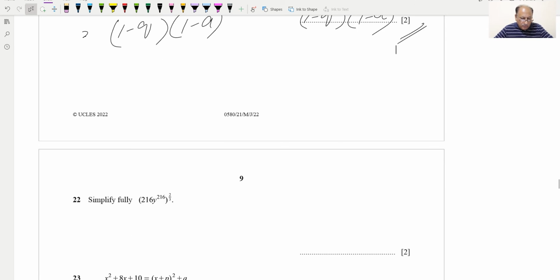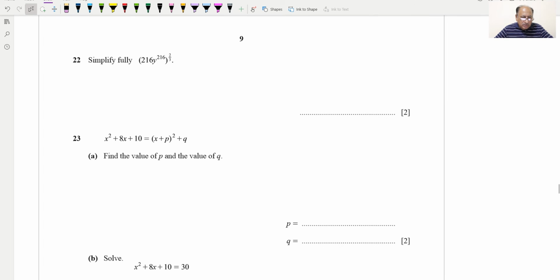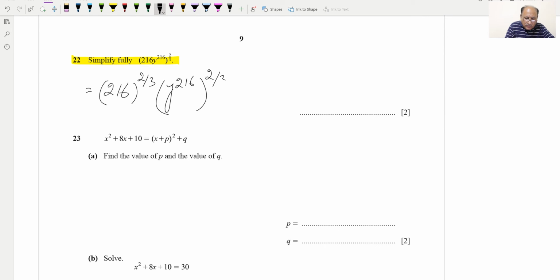This is done. Now we can move to the next question, 22, simplify fully. What we can do is separately write 216 raised to the power 2 by 3 and y raised to the power 216 whole raised to the power 2 by 3.